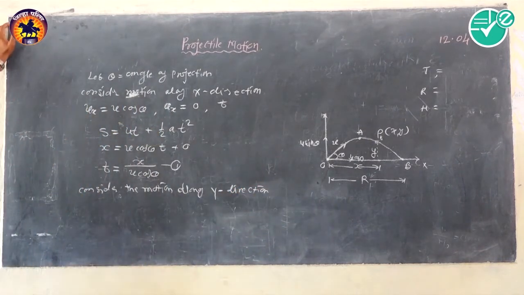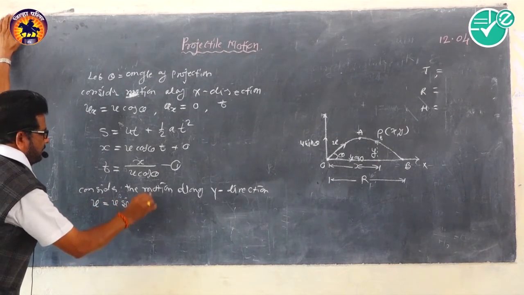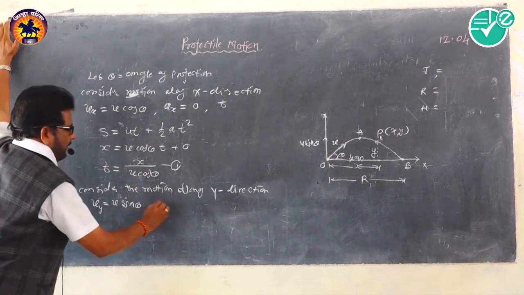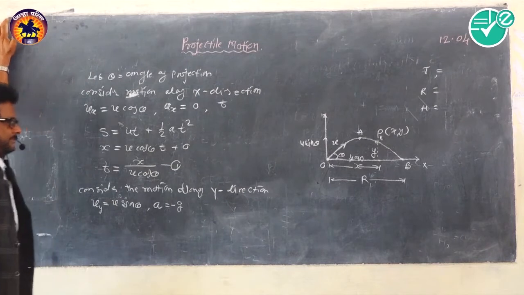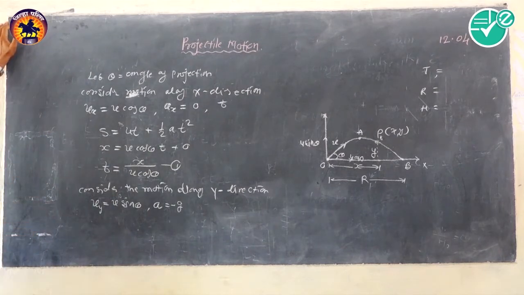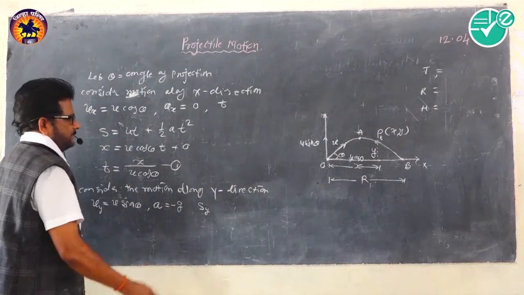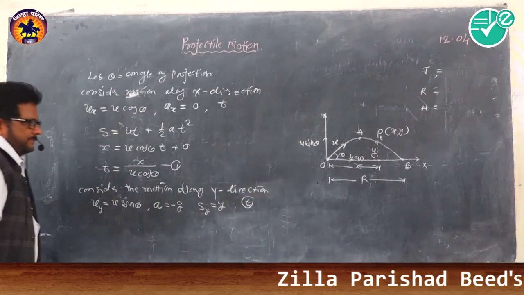Initial velocity along y direction is u sin theta. Acceleration a here is minus g in the downward direction. Displacement along the y direction is y, and the time is the same, t.